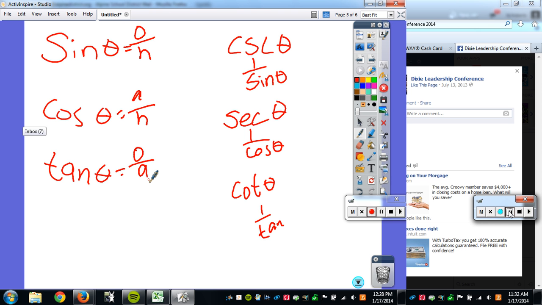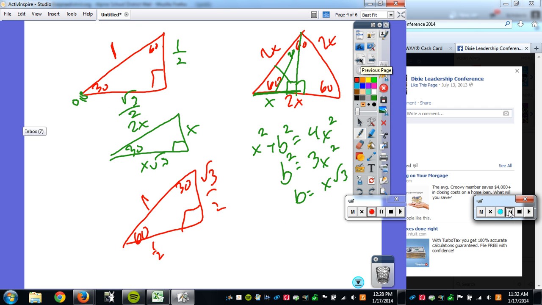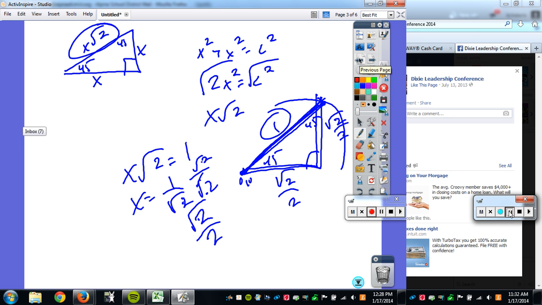Okay? But I'd also like to show you, notice here, in our unit circle, what was always our radius? Always 1. So if I stood here, opposite over the hypotenuse, you're always going to just be the opposite. And notice, what does this dictate? Is this the x or the y? The y.